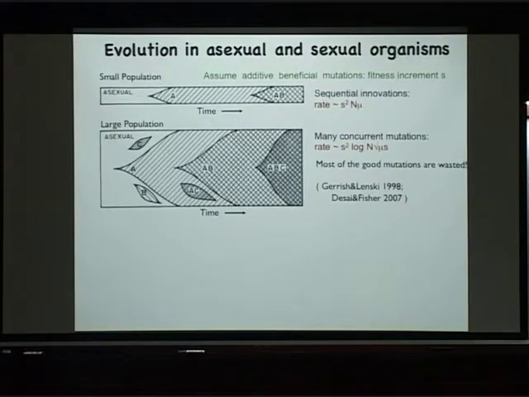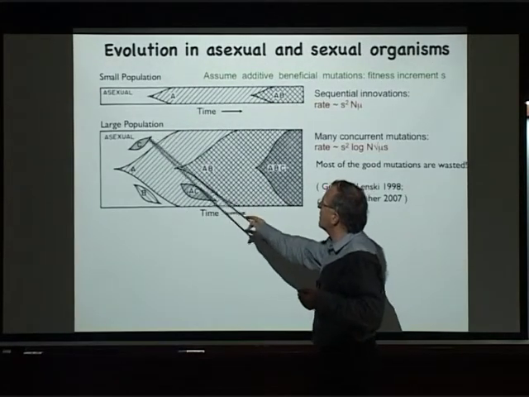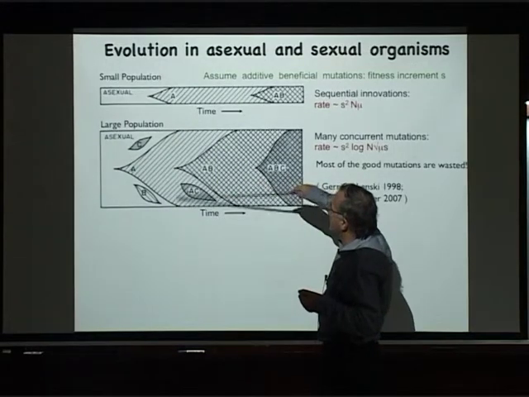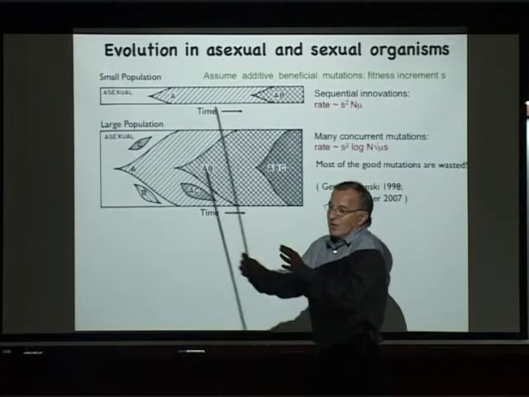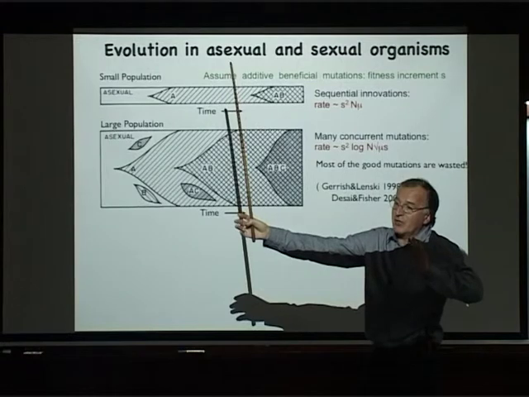Yeah, effectively, yes. Well, the relevant thing is not quite 1, but some logarithm of N. The relevant time is how long it takes to fixate, and that's logarithmic in population size.